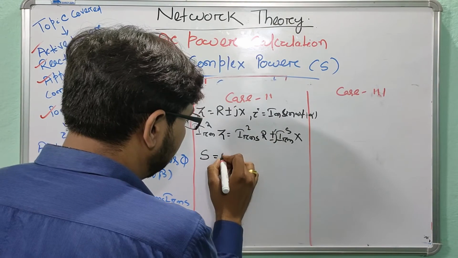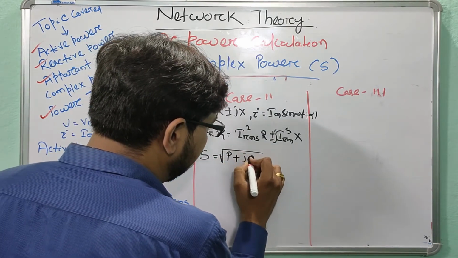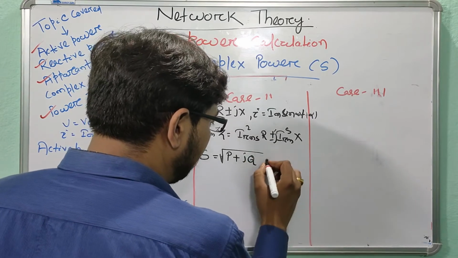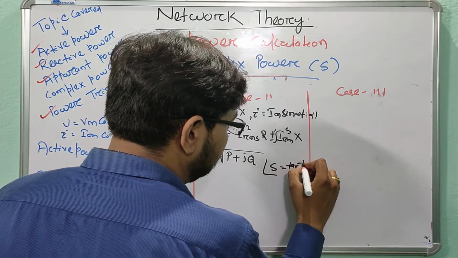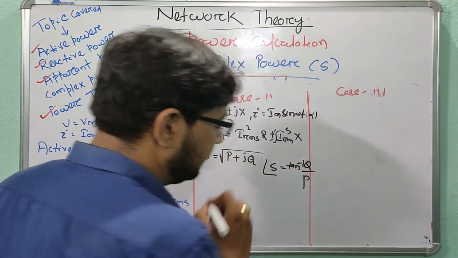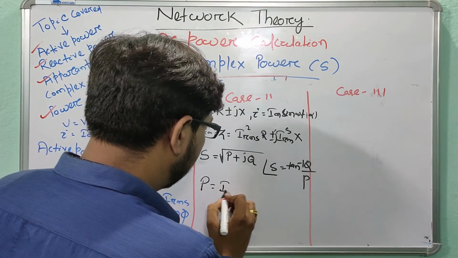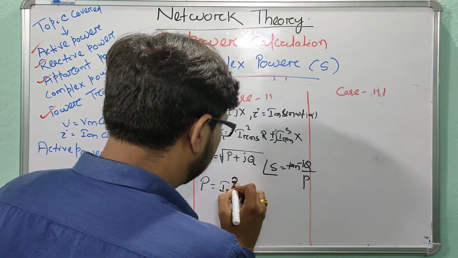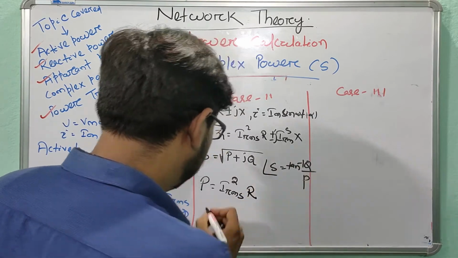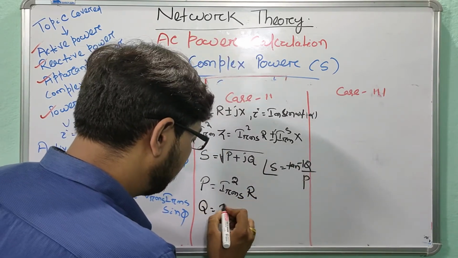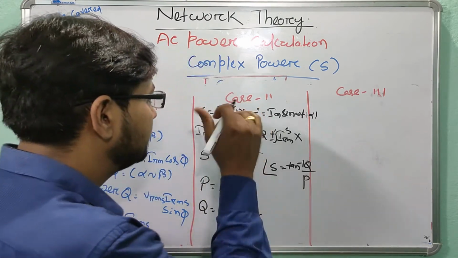S is equal to root over of P square plus Q square, and what is my angle? The angle is tan inverse Q by P. So this is your case 2. P is equal to Irms square into R and Q is equal to Irms square into X. So this is your case 2.